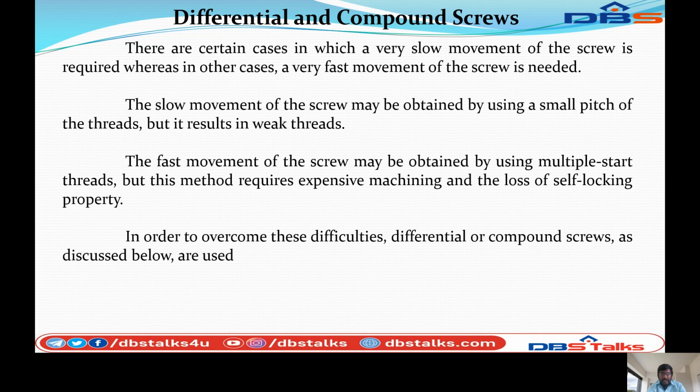The fast movement may be obtained by using a multiple start thread, but this method requires expensive machining and results in loss of self-locking property. So in order to overcome these difficulties, differential or compound screws are used, as discussed below.